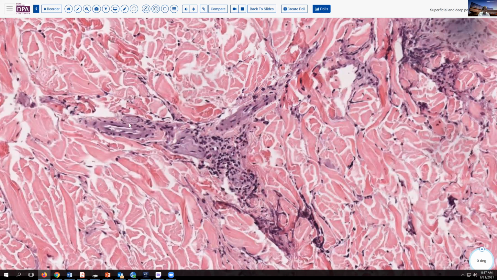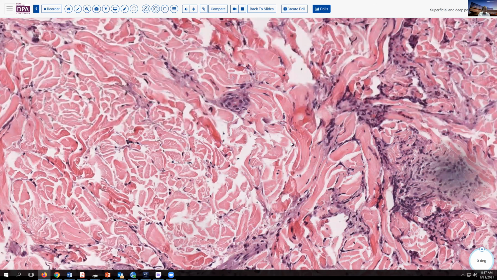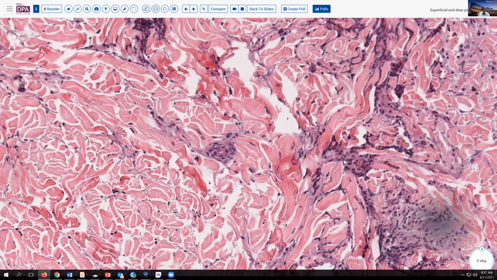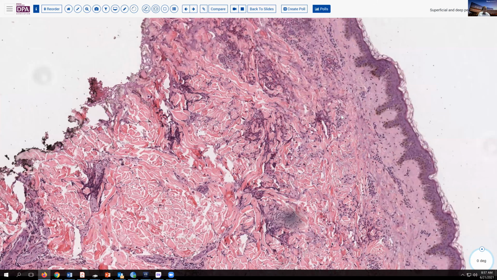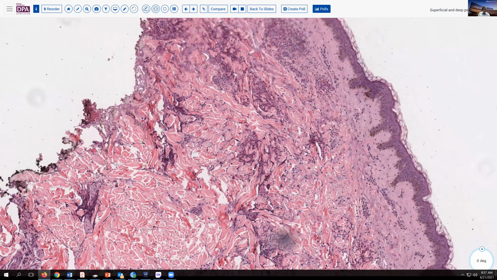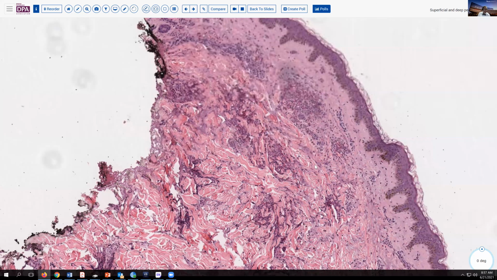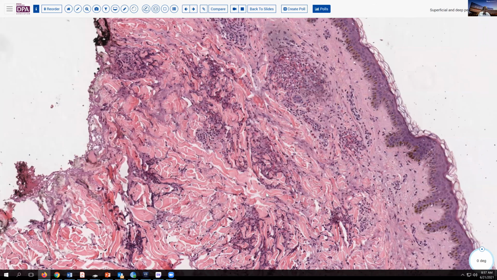Here's a few here. And there are some interspersed in between the collagen as well. And so this might be more characteristic of a more finely smaller gauge needle, if you will, from the arthropod.